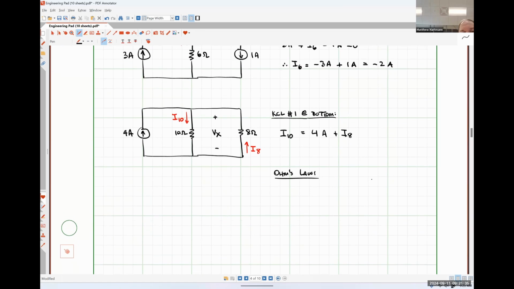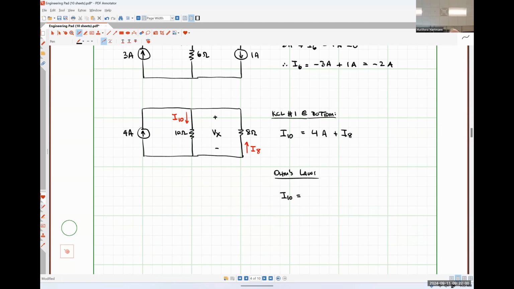how would we express the current I10 in terms of our voltage Vx? So what's Ohm's law? Let's start there. V is equal to I times R. So we're looking for I, so we're going to rearrange slightly. So I is equal to V over R is what we're going to use here, okay?